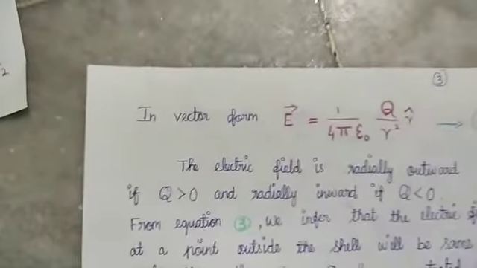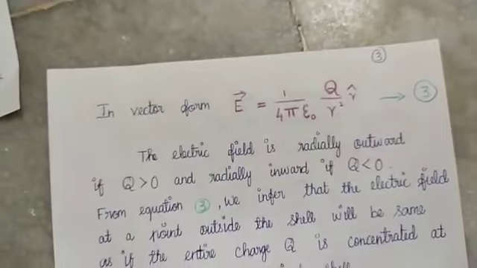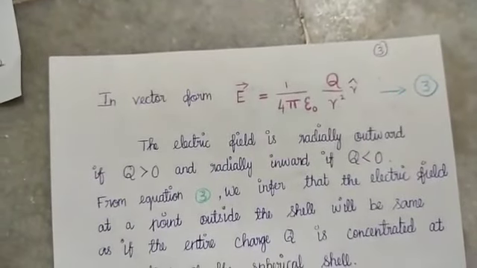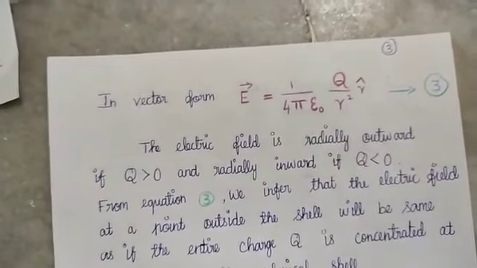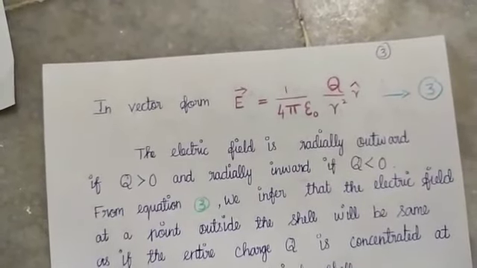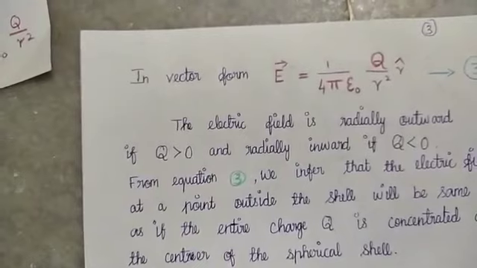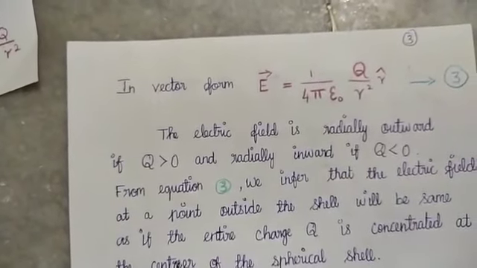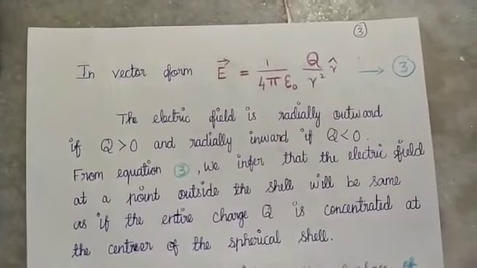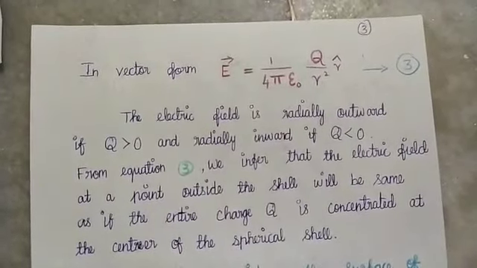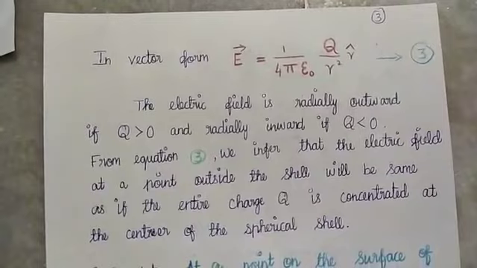But in vector form, the electric field E vector equals 1 by 4 pi epsilon naught into q by r square into r cap, the unit vector. In the vector notation form, the electric field is radially outward if the charge q is greater than 0.